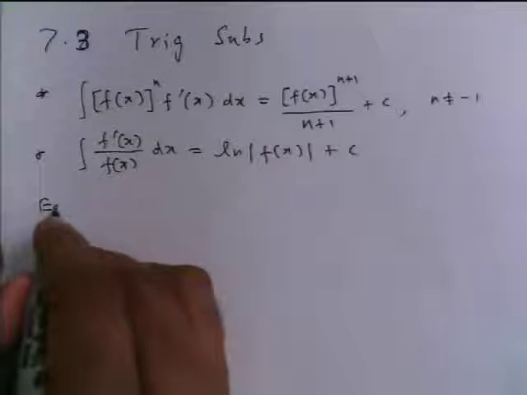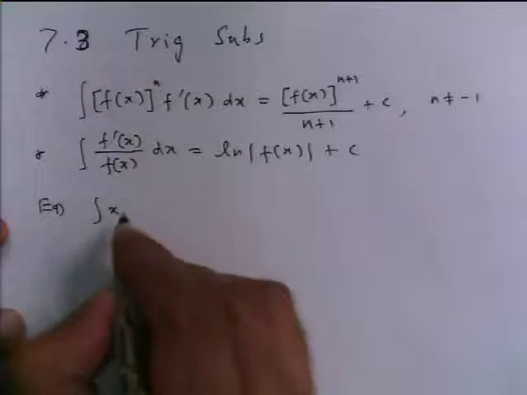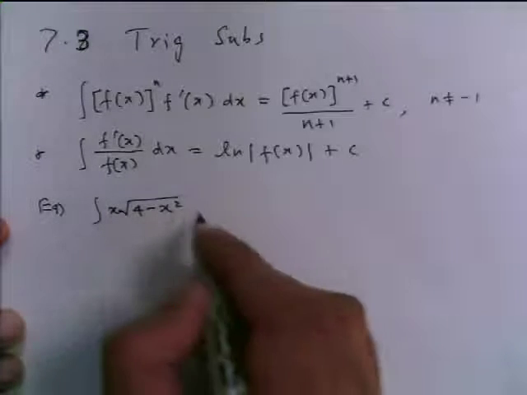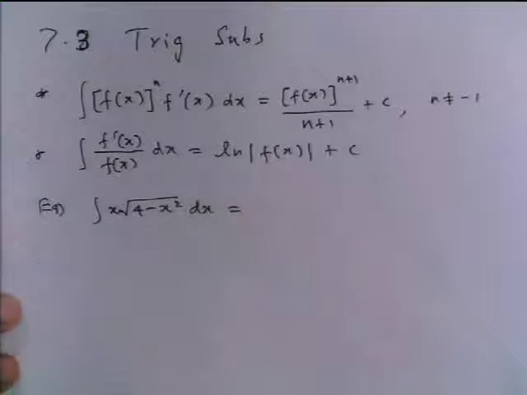One such example is the integral of x times the square root of 4 minus x squared dx. So what's the answer? What is f(x) in this problem? 4 minus x squared. What is the derivative of that? Negative 2x.